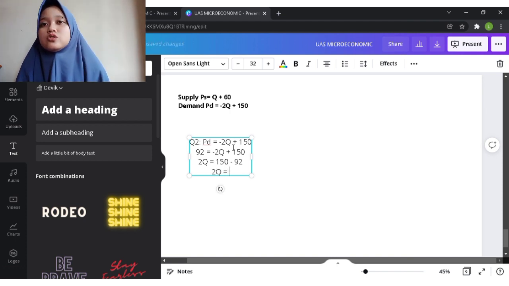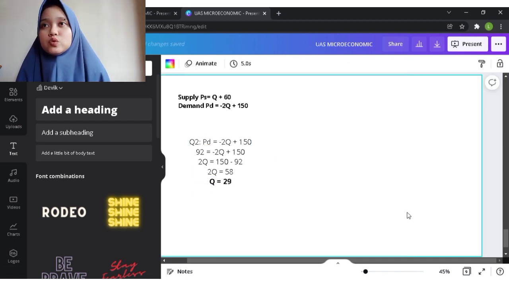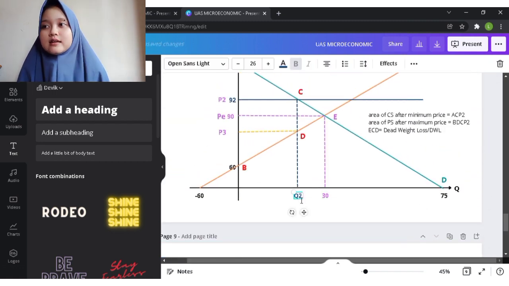So 2Q is 58, and we know Q is 29. So Q2 is 29.